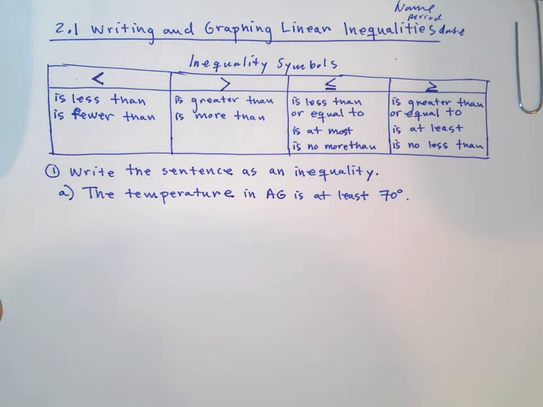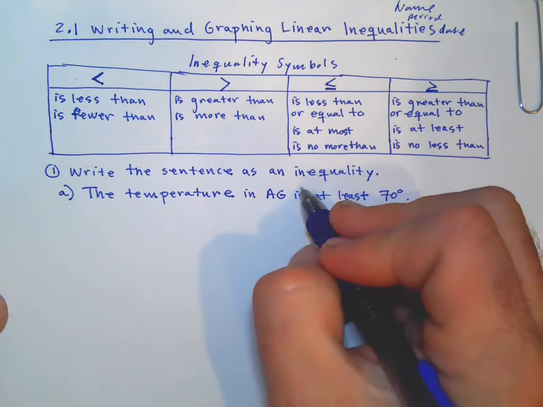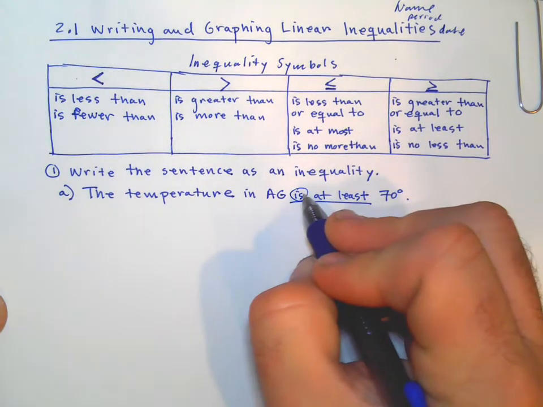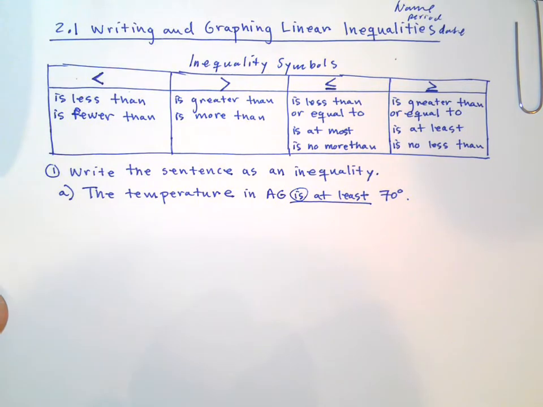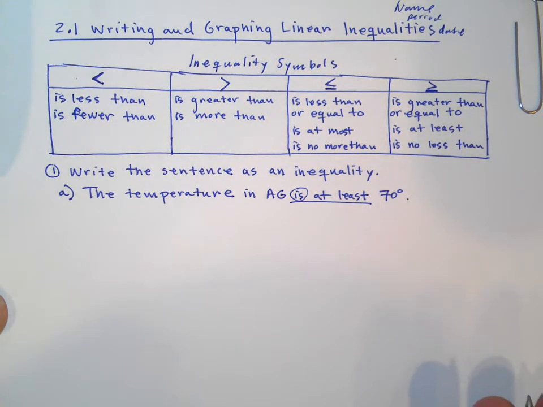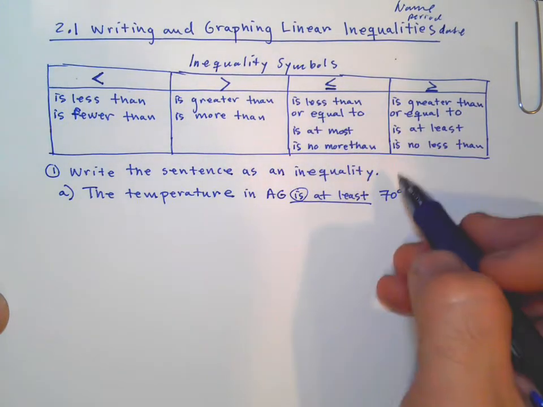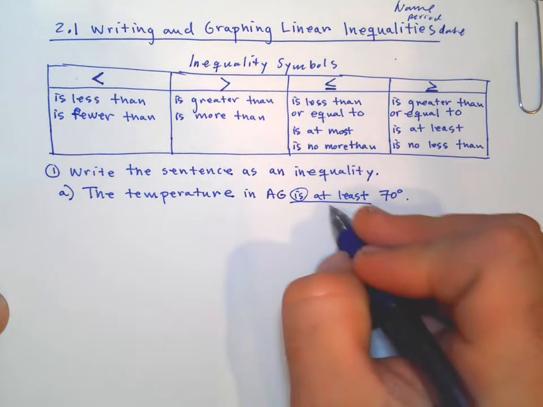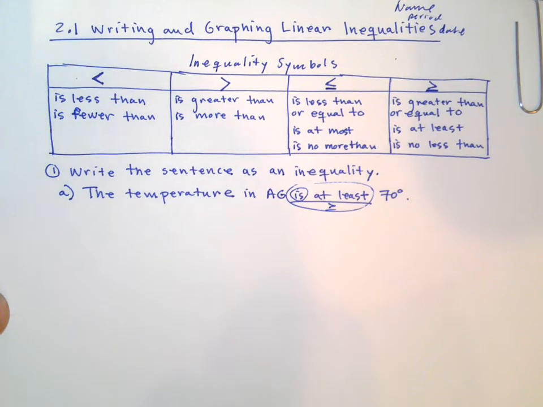You've got to write the sentence down. Now we're looking for the keyword is at least. So I mean, it could be more than 70. Is 70 the smallest it could be, or is 70 the biggest it could be? At least 70 is the smallest. So it could be 70, 71, 72, right? If you go up here, you could also look for at least. It's going to be greater than or equal to, right?